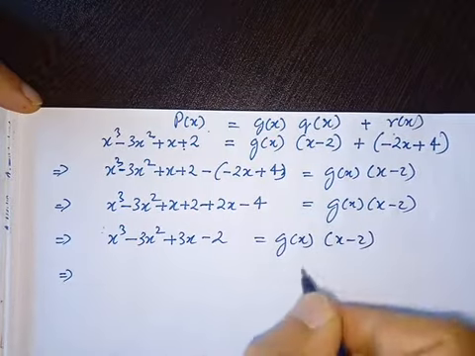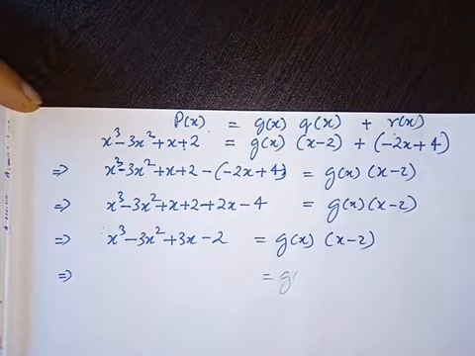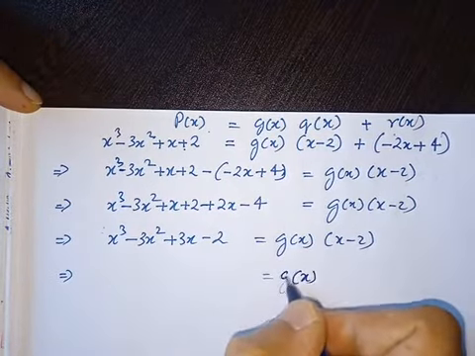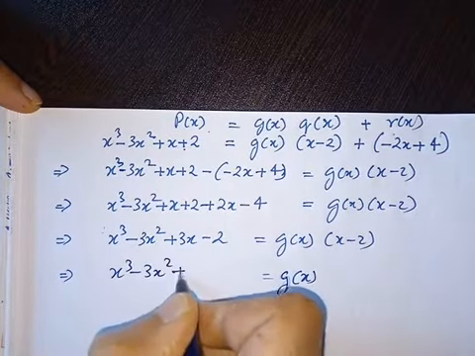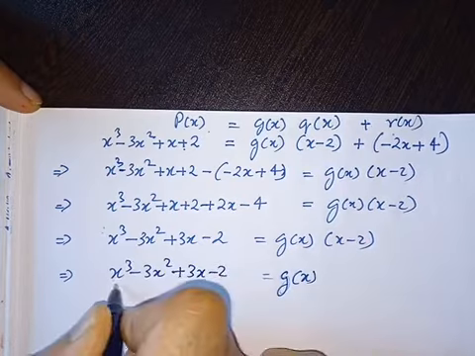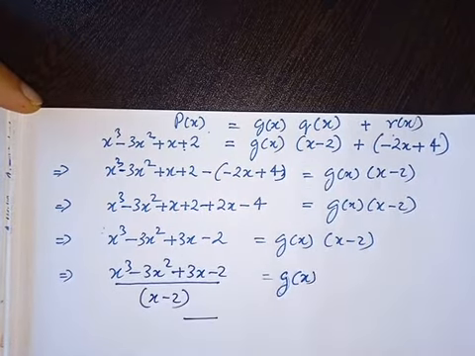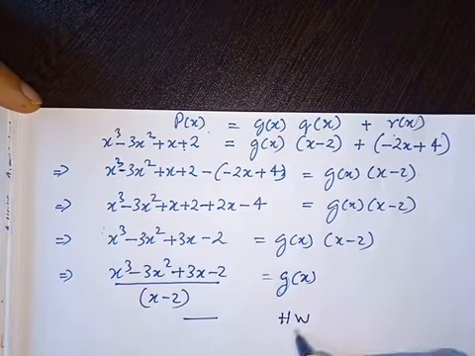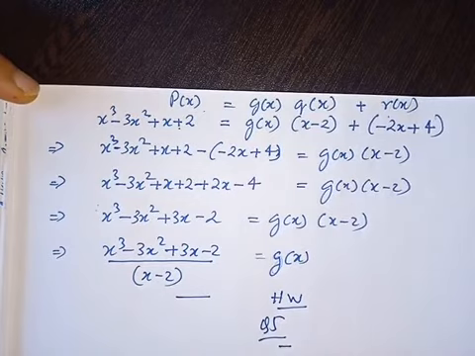Now to find gx, we have to divide x cube minus 3x square plus 3x minus 2 by x minus 2, and you will get the answer. This question is for your homework, and also question number 5 you have to do yourself. Thank you.